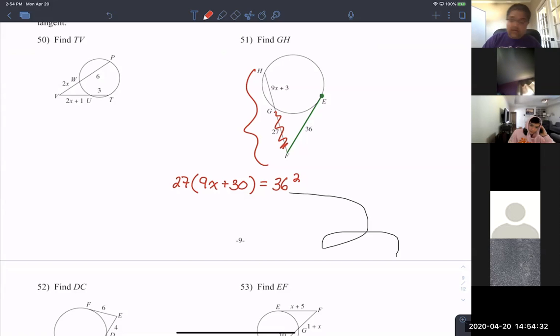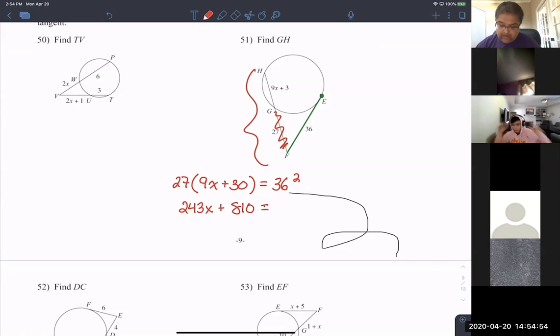Okay, so 27 times 9 equals 243x plus 810, because 27 times 30 is 810.